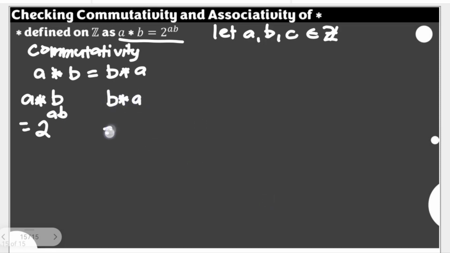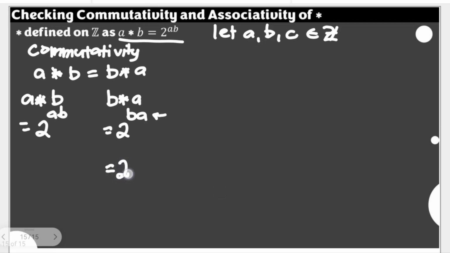This is 2 to the power of the product of the elements, and since the first element is b and the second is a, it will be structured as b times a. But if we look at this exponent, the coefficients b and a are under multiplication, and the usual multiplication is commutative.